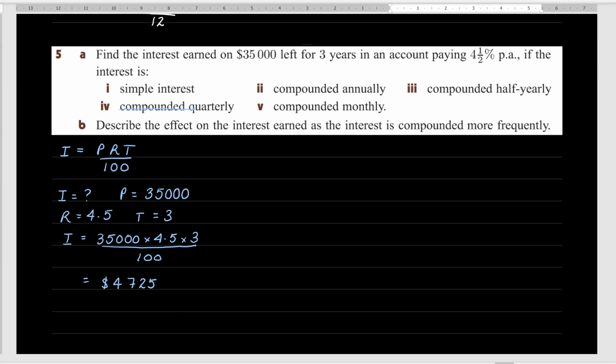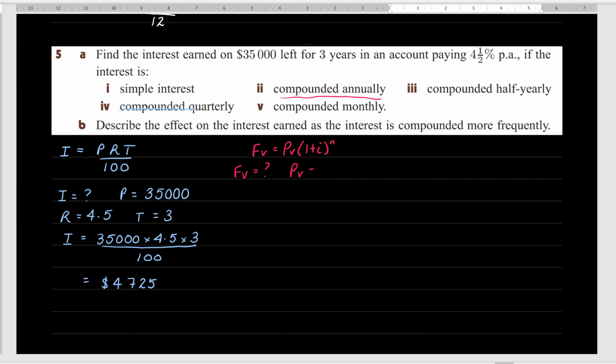All right, the next one that we will do is to compare. We're going to do the compounded annually. So again, as soon as we see compound, we write down our compound interest formula, which is this one. And what is it that we're trying to find, or in the information that we have? So we don't know the future value.